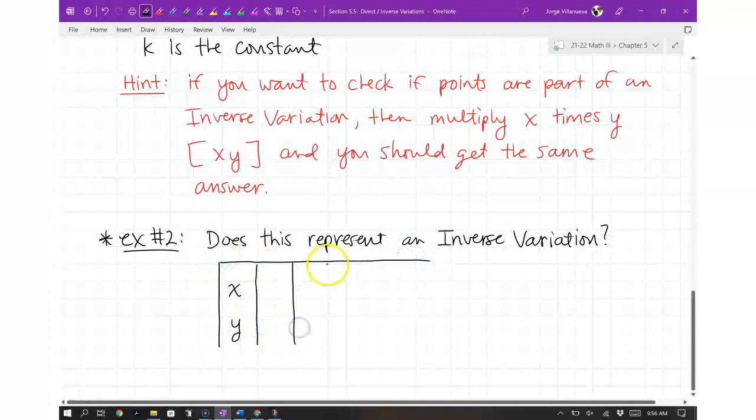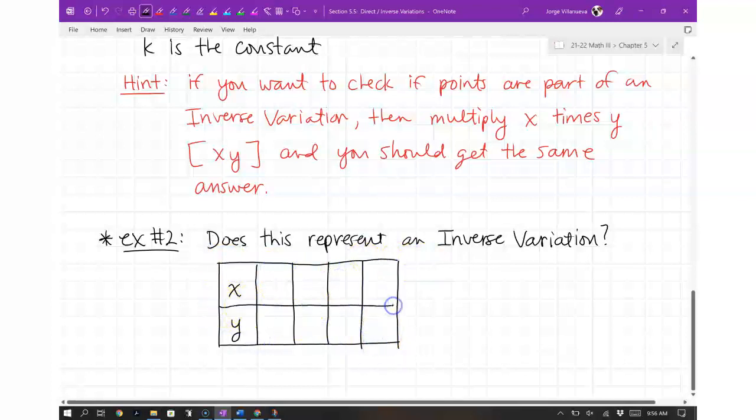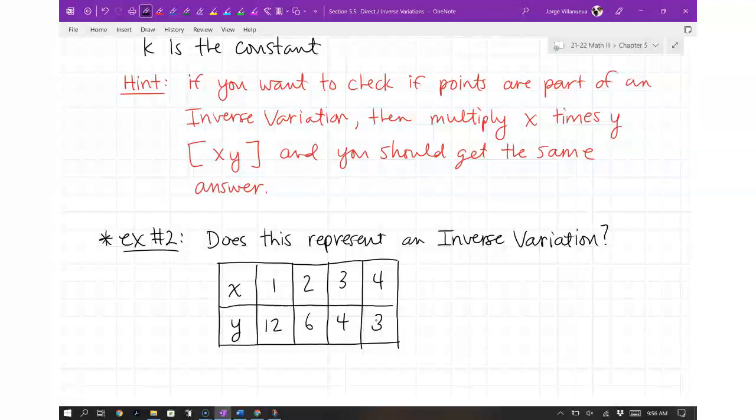Go about 4 points again. Okay, so does this table represent an inverse variation?